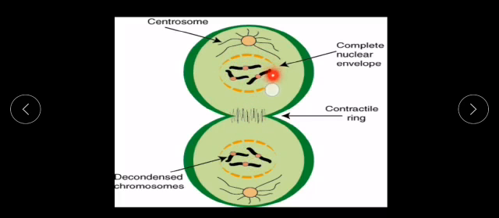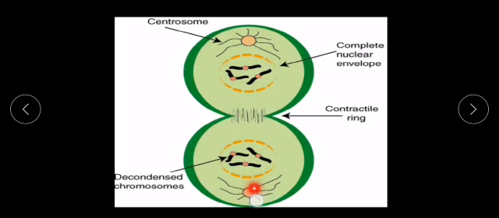Okay, you can see this was the end of mitosis karyokinesis, in which the last phase, that is telophase, the two poles receive equal number of daughter chromosomes and the nuclear membrane reforms.